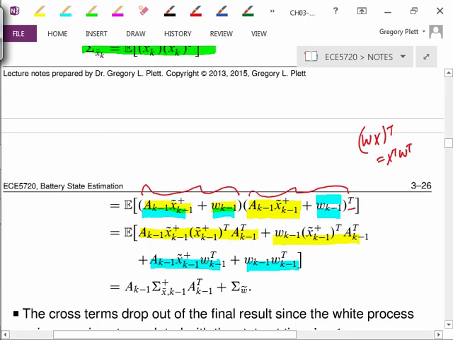Now there's a few lines missing here, which I will do on this side, at least this one time.